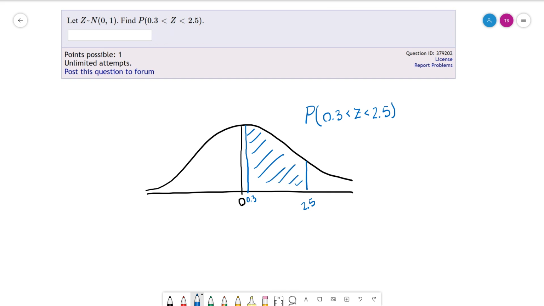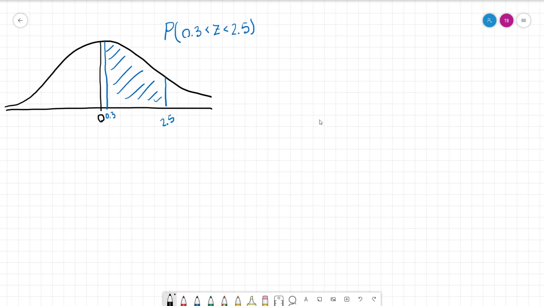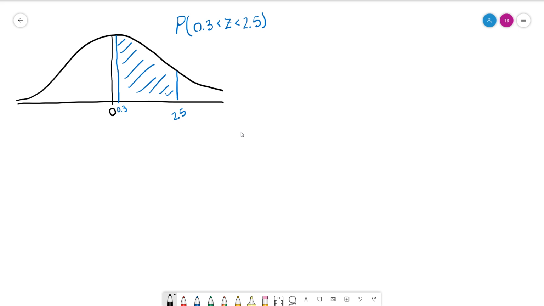Now, we need to be careful here because R can't directly calculate the probability of a normal distribution between two values. So we need to use some kind of trickery. Our strategy is to get the normal distribution we want.